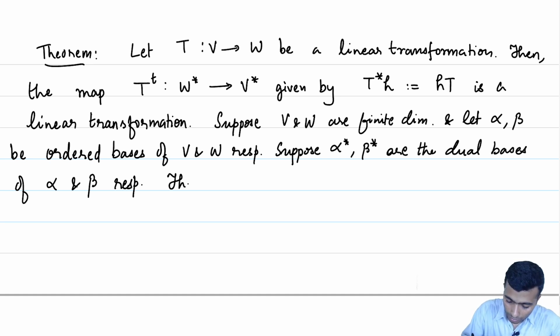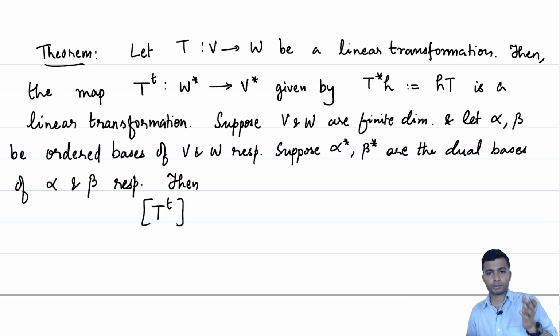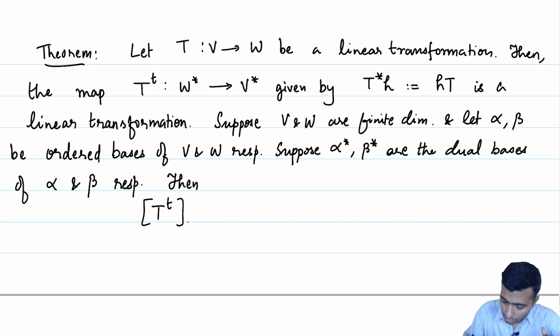Then the matrix of T transpose, so T transpose is from W star to V star. The dual basis in W star is beta star and the dual basis in V star is alpha star. So, this is a matrix corresponding to these bases.